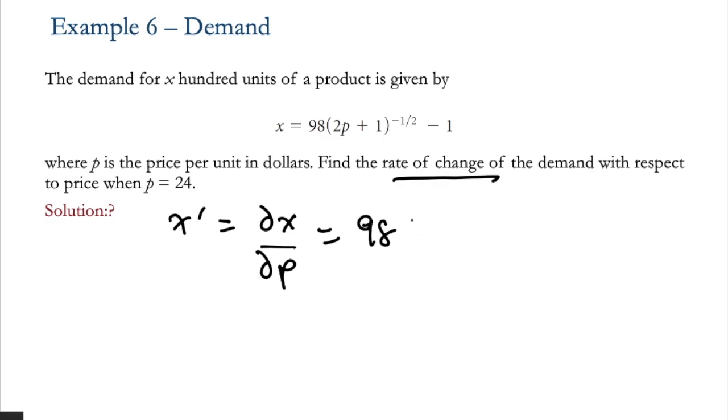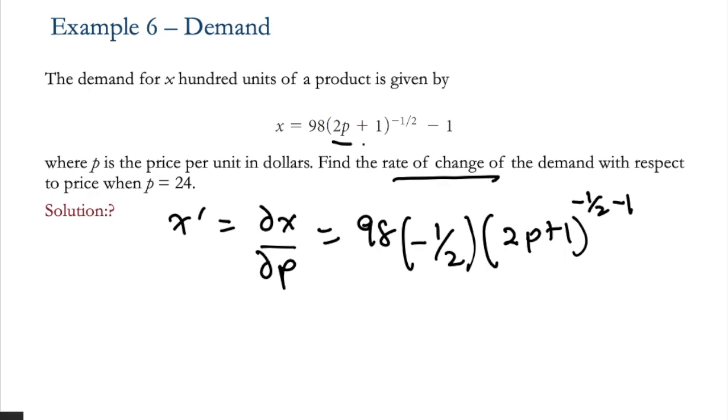Minus 1 half, I bring it here because I'm doing differentiation. 2p plus 1, you write it again. Minus 1 half, minus 1. But here, you differentiate it. Multiply by the differentiation. 2p differentiates to become 2. Plus 1 differentiates to become 0. So, I have 2 only.